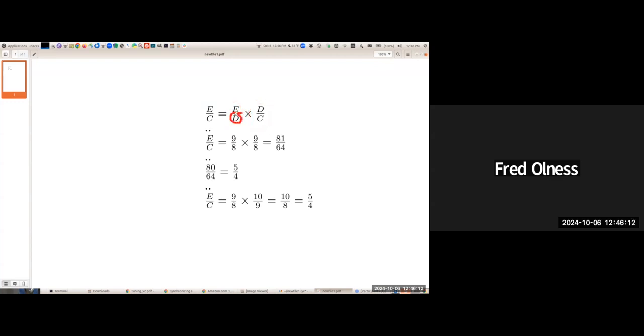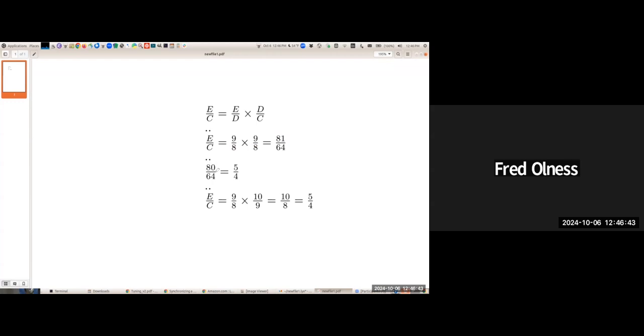You notice there's one D downstairs and one D upstairs, so basically those cancel, and in the end that will equal E to C. Let's pretend that both of these are the ideal whole steps, so these are 9 to 8 and 9 to 8. Then I multiply those together: 9 times 9 is 81, 8 times 8 is 64, and that's where I get that terrible 81-64 that I had in my Pythagorean case.